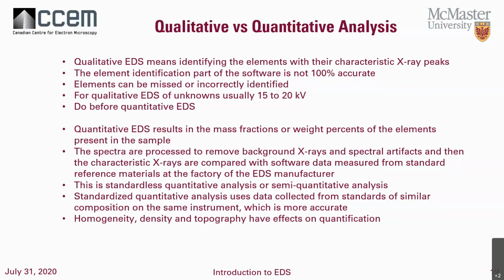You can improve the quantitative analysis if you collect data from standards of similar composition on the same instrument. This can improve accuracy quite a bit. But when you are doing quantitative analysis, how homogeneous the material is, and its density and its topography, will have significant effects on the analysis results.